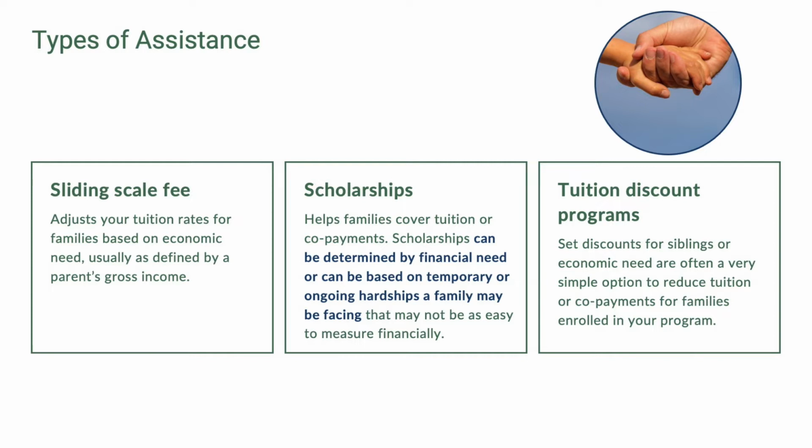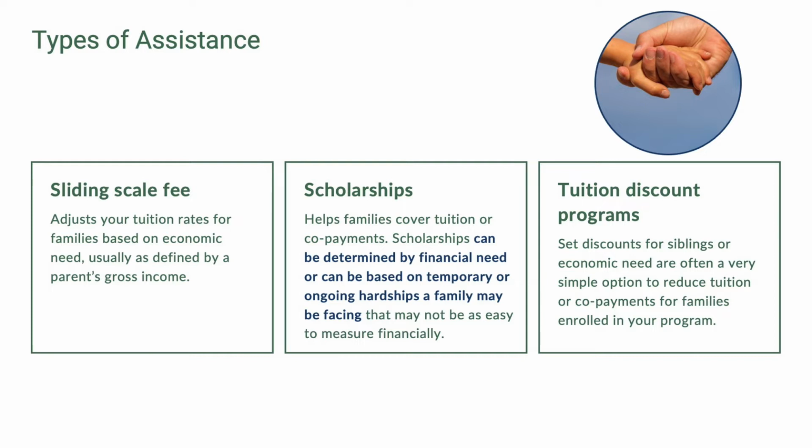With a sliding scale fee, you might set one tuition level for families under a certain income level, such as the 85% of state median income, or it may be more complicated, like having multiple tiers and various rates adjusted for the number of children in the household, levels of income, or other factors.